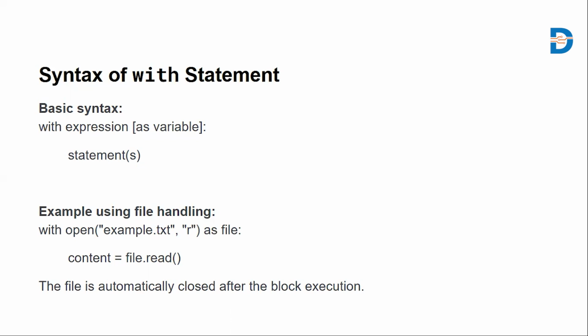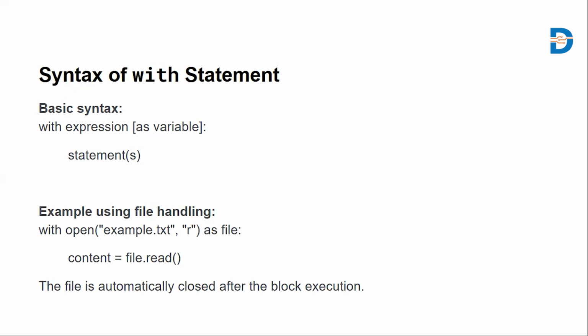So here: with open of example.txt, r, as file, content equals file.read. Here the first line, open of example.txt, r, opens the file in read mode. R refers to read mode.